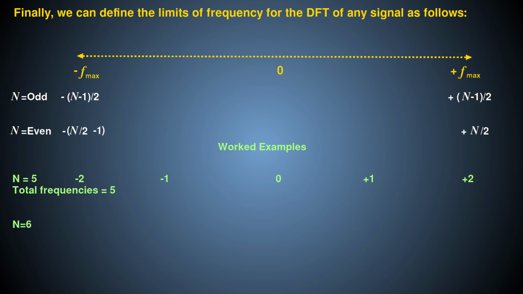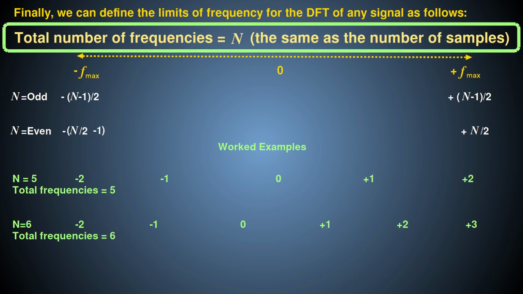Here we have a frequency range starting at minus just before the Nyquist, that is -2, then -1, 0, +1, +2, and the exact Nyquist, +3. So this comes to a total of 6 frequencies. Again, this is the same number of frequencies as we had samples in the input signal.